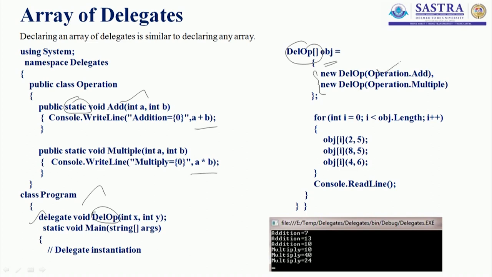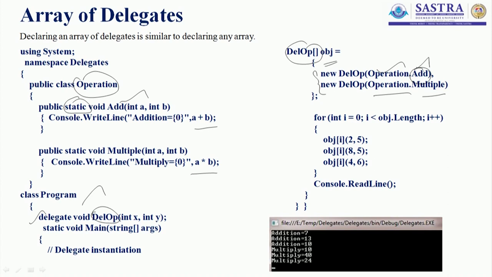So class name dot method name we have specified, operation dot add we have given, in the same way operation dot multiple we have given. If it is going to be a non-static method, then obviously we should go with creation of an object for this operation class, and with the help of that object we are supposed to specify the add method here, okay.